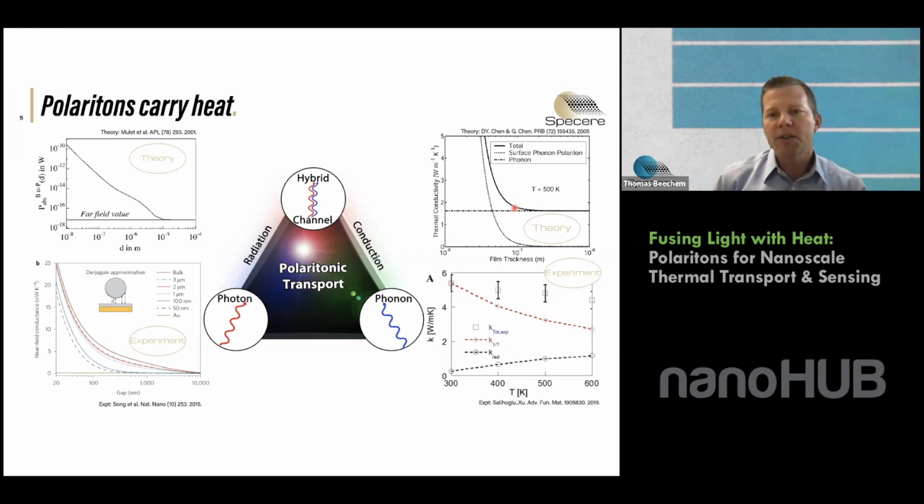And then it was added on to by Sebastian Volz's group in France. And then in the last year and a half or so, there have been about 2 or 3 experimental demonstrations of this. One by Jean-François Bryche's group here in the Burke Center that I'm showing in this bottom right-hand plot, where he showed that in hexagonal boron nitride, as the temperature increased, the thermal conductivity went up in a crystal. And that is absolutely not what you would expect.